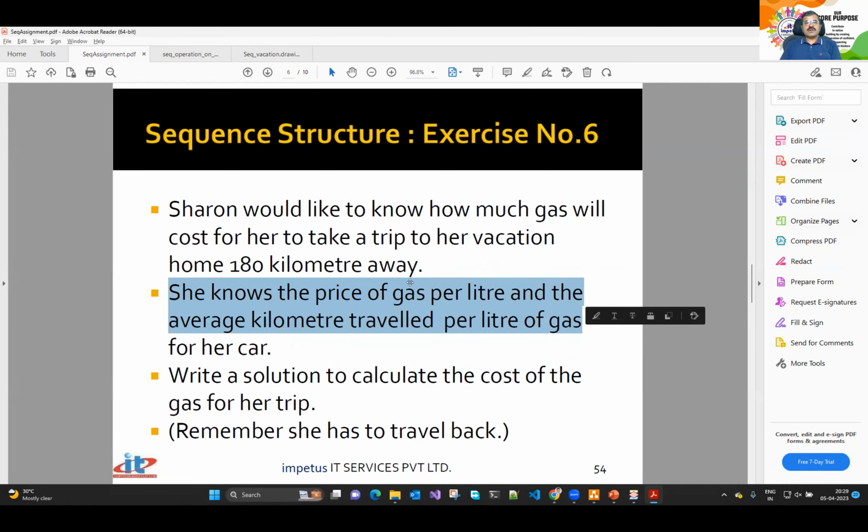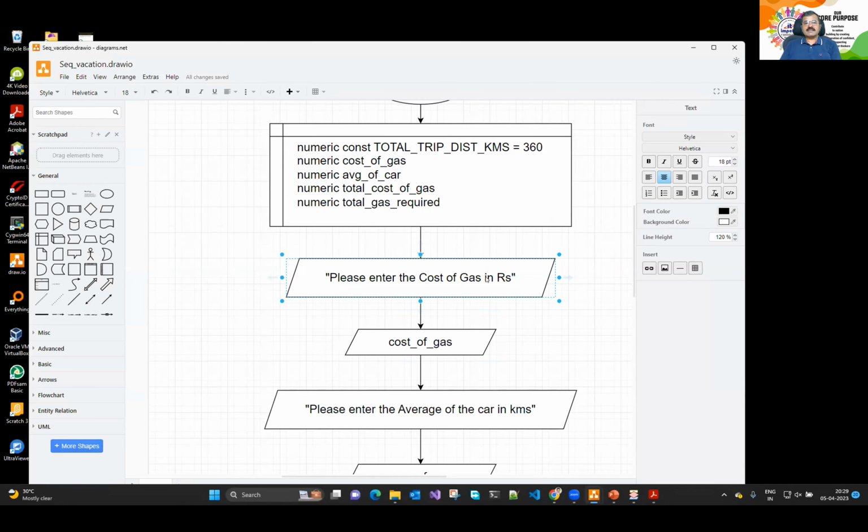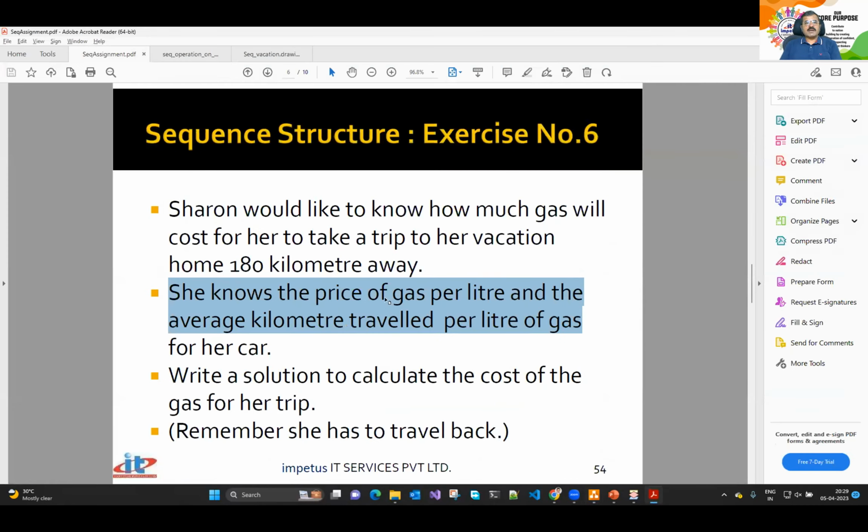Okay. So here, what should we ask her? Please enter the cost of the gas. Gas price. Cost of gas per liter. Please enter the cost of gas per liter. Okay. So I'll rather say please enter the cost of the gas per liter.